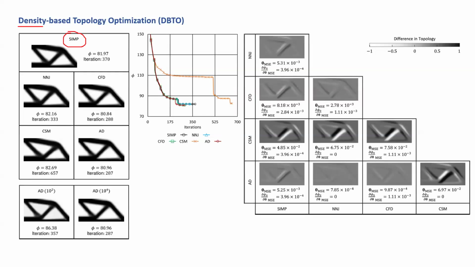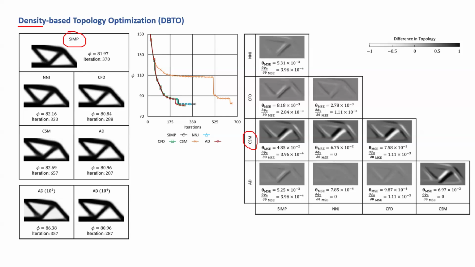So we have SIMP, the neural network Jacobian, the central finite difference method, and the complex step method. The error between all of them shows that the central difference, which is applied on the output of the neural network, is the one that is more different than the other ones.